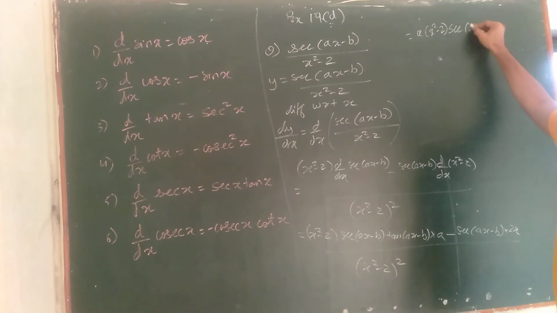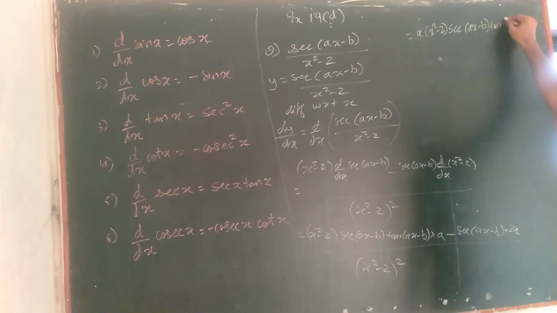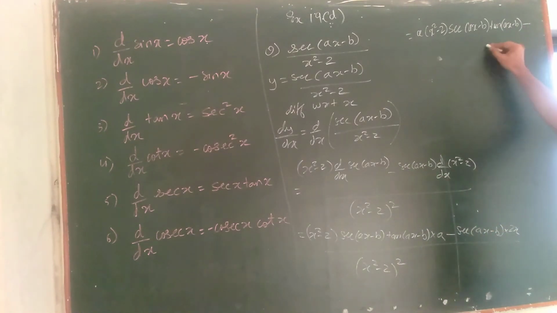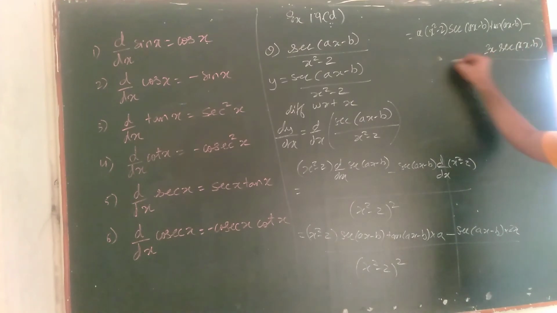This is sec of ax minus b into tan of ax minus b, this minus sign, and this 2x into this function. So it is minus 2x into sec(ax minus b), this whole upon x square minus 2 whole square.